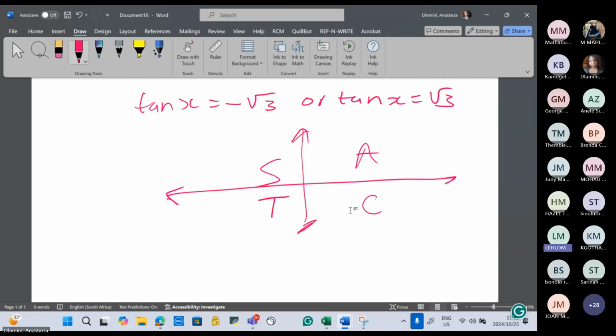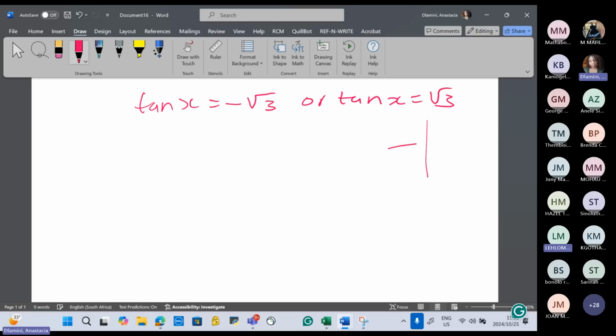Let him start with tan x is equal to minus root 3. Then my reference angle: tan is negative on the second and fourth quadrants. No, I'm starting with tan x is equal to minus root 3.